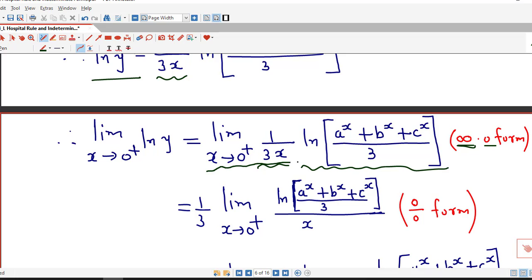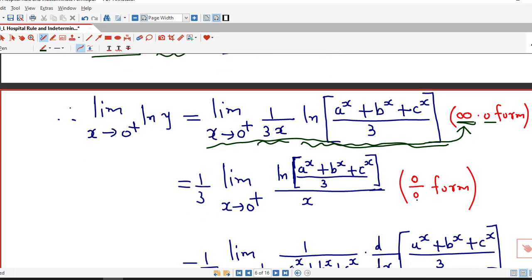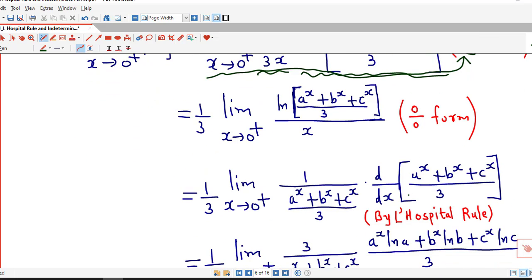So this form is not 0 by 0, it is infinity times 0 form. So we rewrite this limit as log of this bracket divided by x, and if we now check, it is 0 by 0 form. Therefore we can apply L'Hospital's rule.